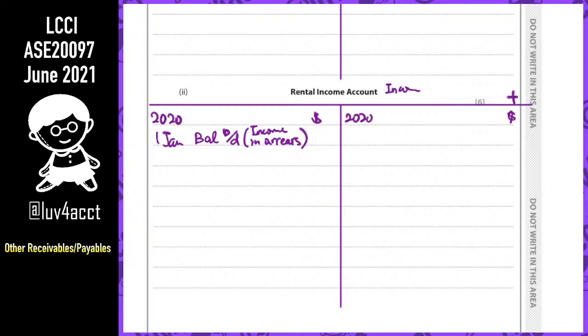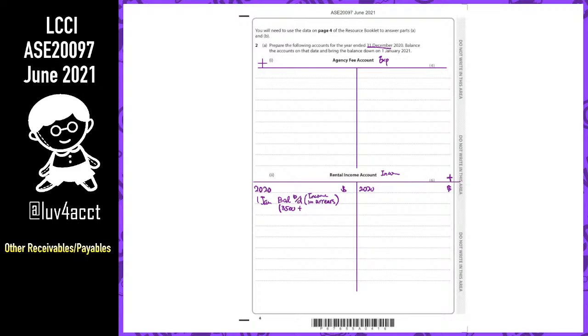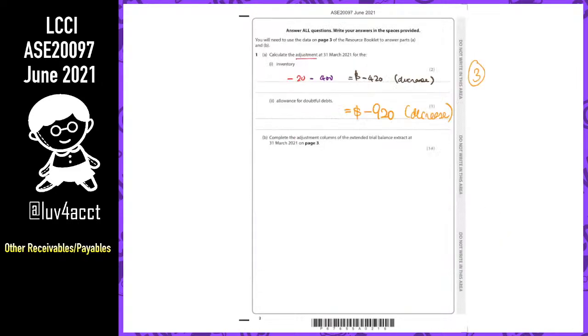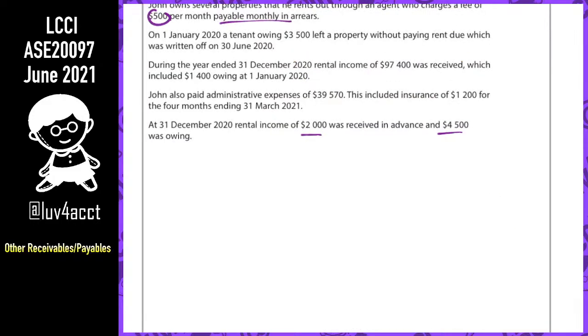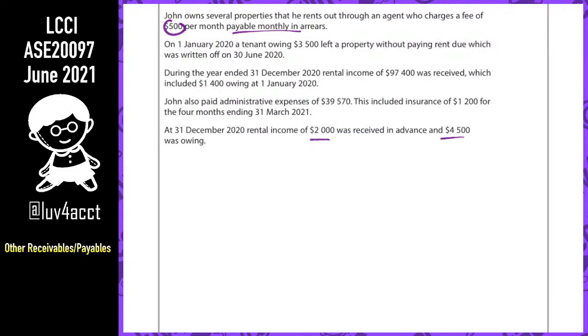So what is the amount of income in arrears? We have that bad tenant that is not going to pay us, and apart from that, we also have this 1,400.